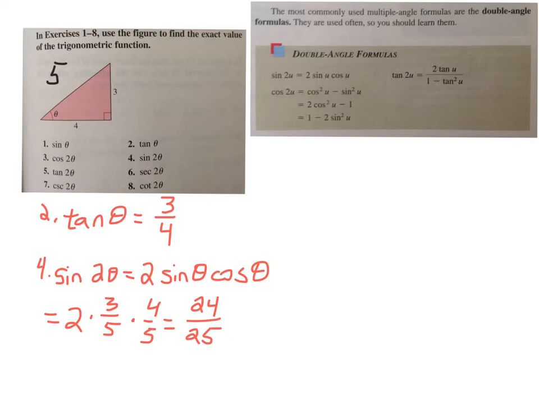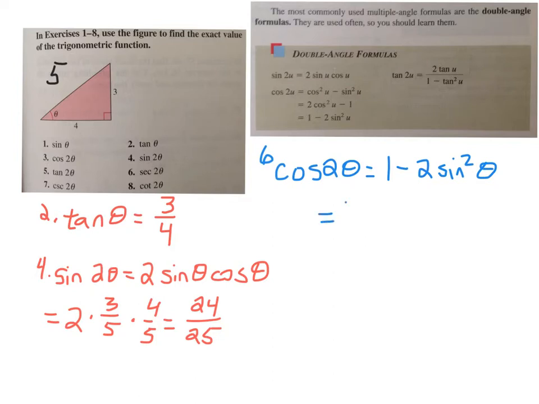The way I'm going to do number 6, because you notice they don't give us any of those formulas, is say, okay, the cosine of 2 theta. They work it all out, and you're welcome to use any of these versions. I'm just going to go down to the bottom one. And so that's the same as 1 minus 2 sine squared of theta.